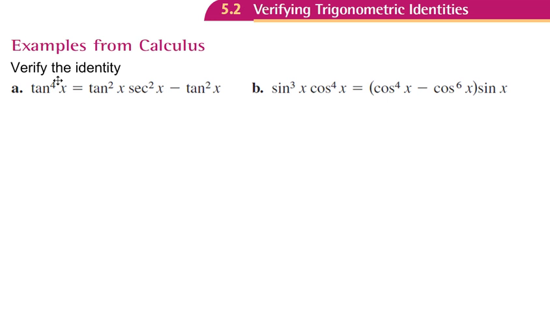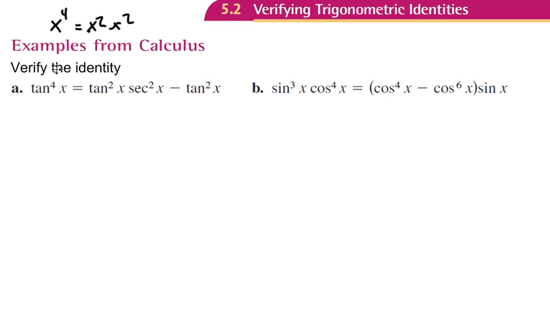So we're just going to verify that tangent to the power 4 really is tangent squared times secant squared minus tangent squared for this problem here. Okay, so let's look at the left side. And tangent to the power 4, let's just remember, you can think of it as x to the power 4, right? And x to the power 4 is the same as x squared times x squared.